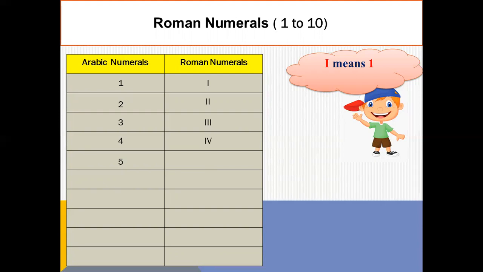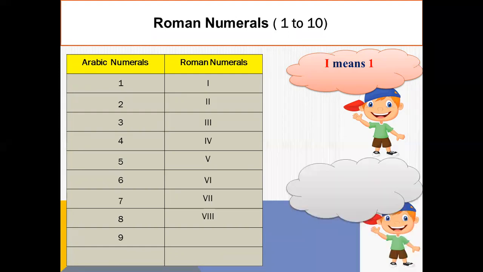It means 5 minus 1. 5 is written as V. Similarly, we can write 6, 7 and 8 by using the letters V and I. 9 is written as IX. That means 10 minus 1.